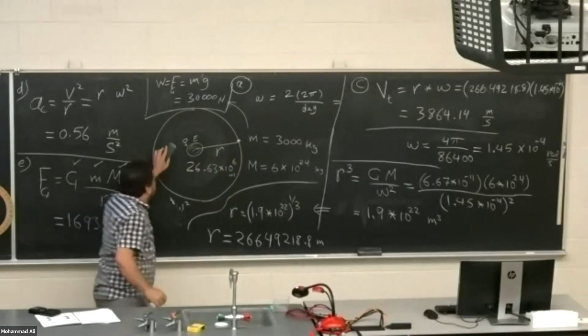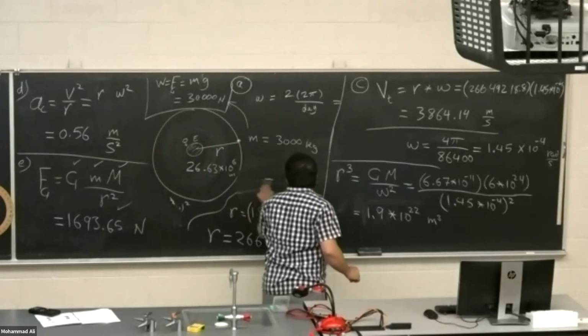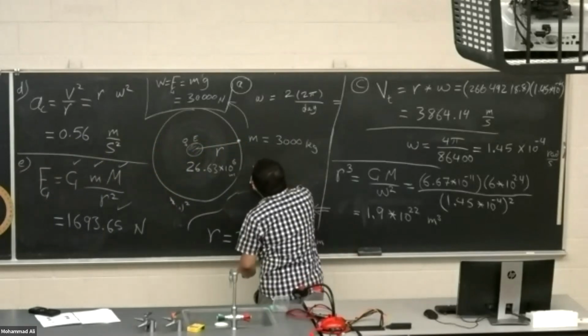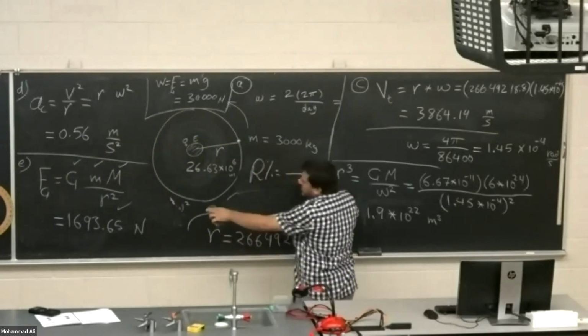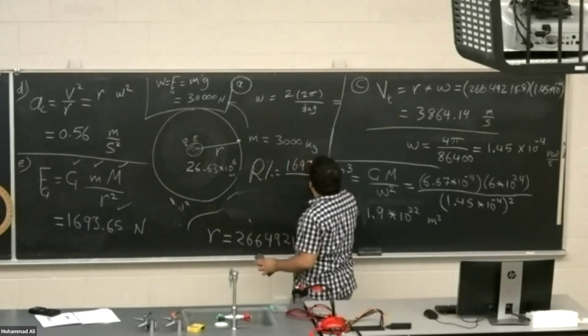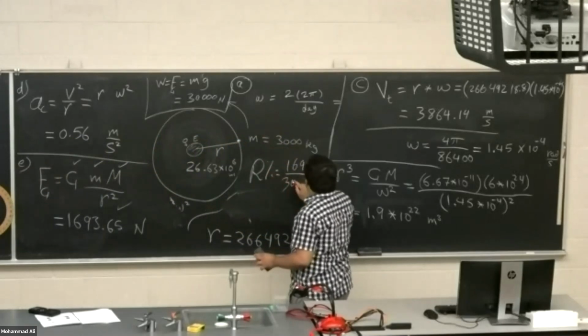because of that, I will show you something. I need to find the ratio, which is 1,693 over 30,000.